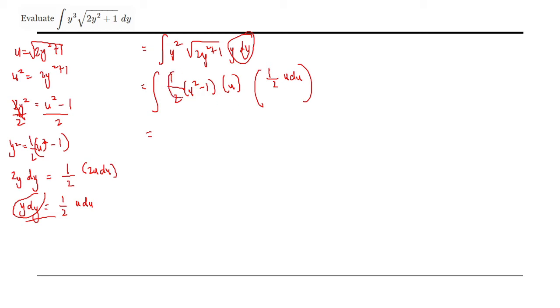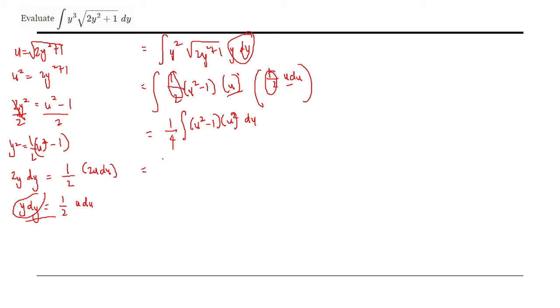So we can actually bring out the constant 1/4, right? Times u squared minus 1 times u times u. U times u is u squared. So let's make this one u squared and this one du.